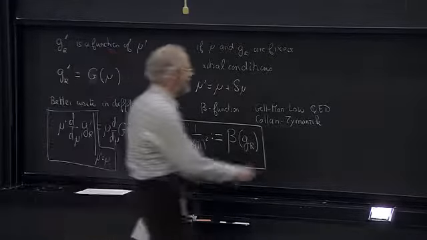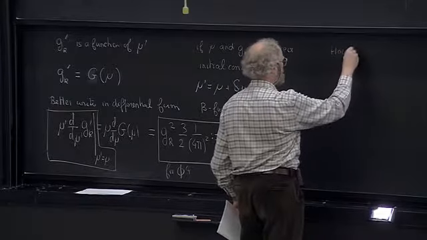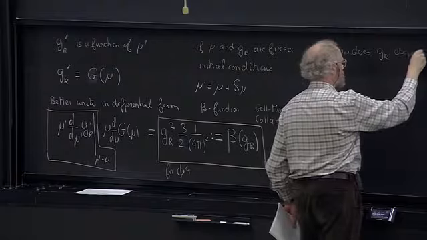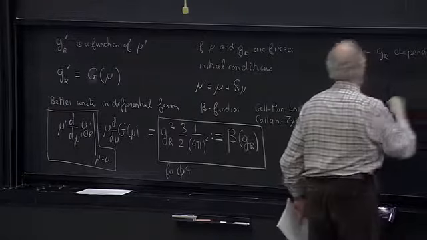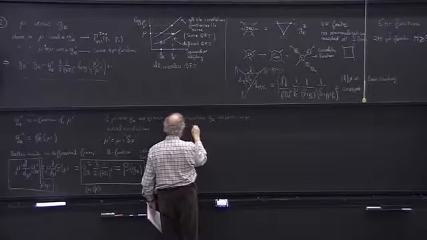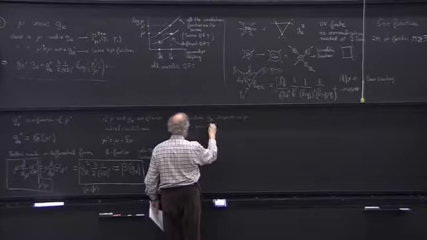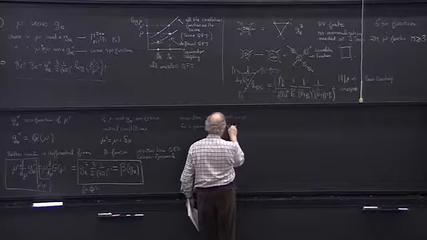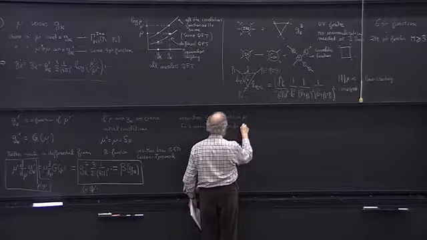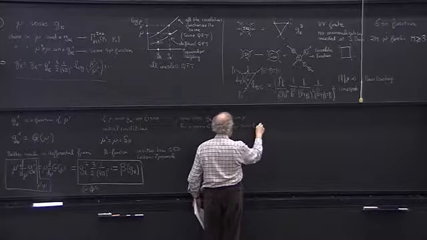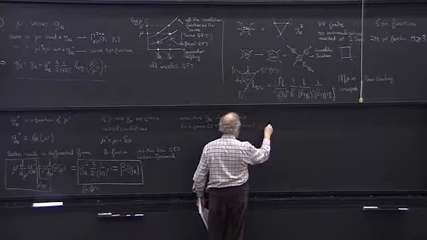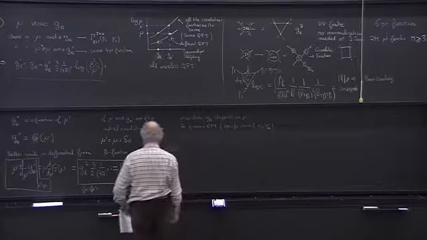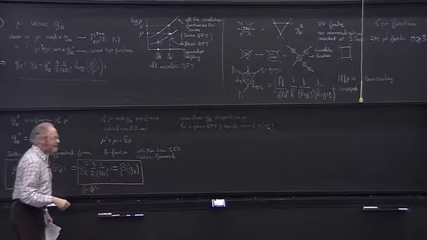To know how g_R depends on mu for a given quantum field theory, namely a specific choice of mu_0, g_R reference 0, if you want to start from a point, you just have to integrate this.